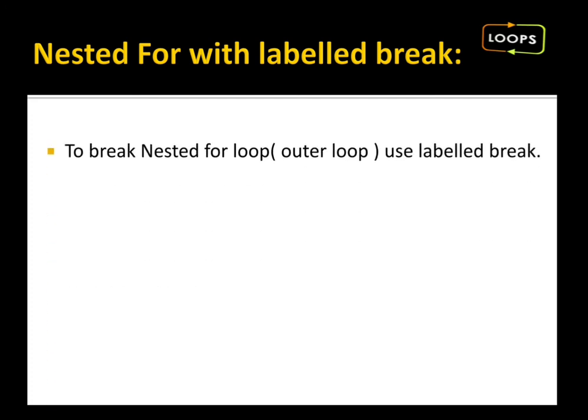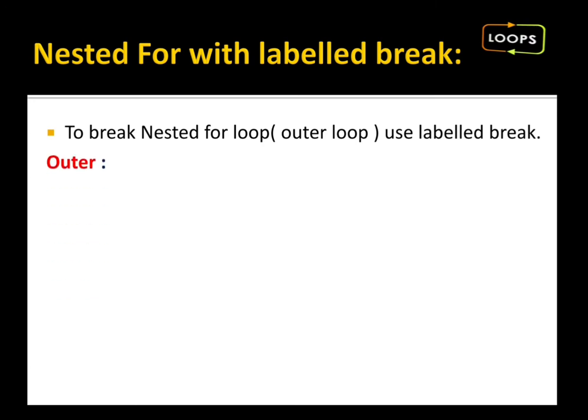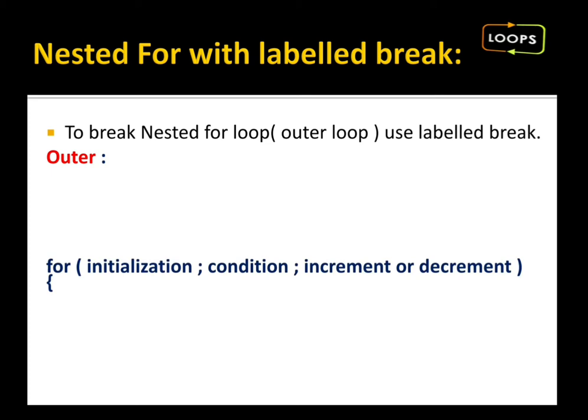Nested for with label break. This is the syntax of nested for with the labeled break. To break a nested for, meaning the outer loop, you have to use a label break. See, I'm writing a name, outer, for the outer loop, and whenever it is needed, I can write inner for the inner loop.